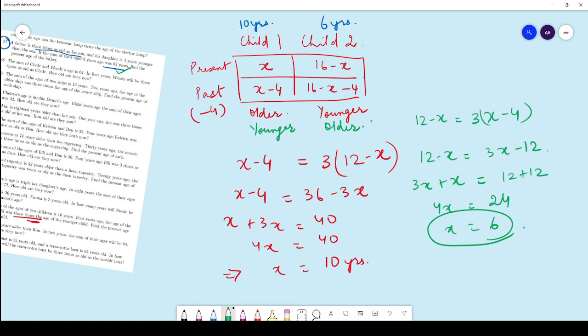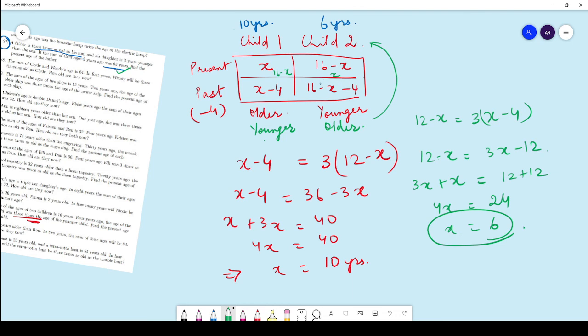So you see, the x value over here for this child would be 6 years, and the other child, if we are taking this as the younger child and this as the older child, will be 16 minus x.